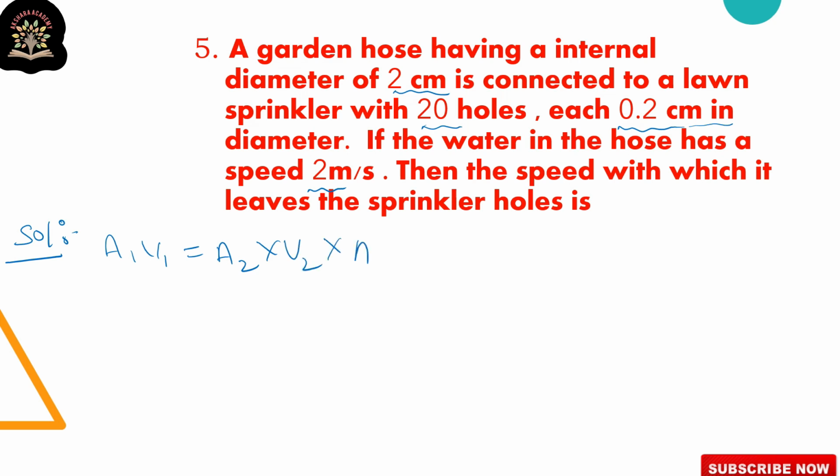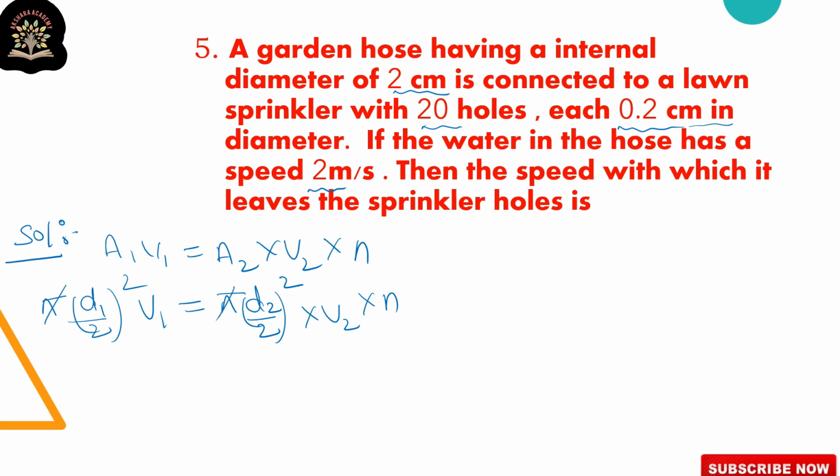This can be written as A is pi r square, where r is d by 2, so pi (d1 by 2) whole square into V1 equals pi (d2 by 2) whole square into V2 into n. Here pi gets cancelled, and d1 square by 4 into V1 equals d2 square by 4 into V2 into n.